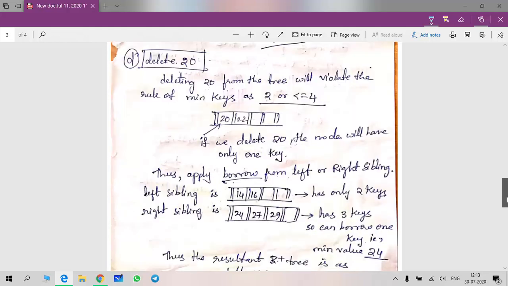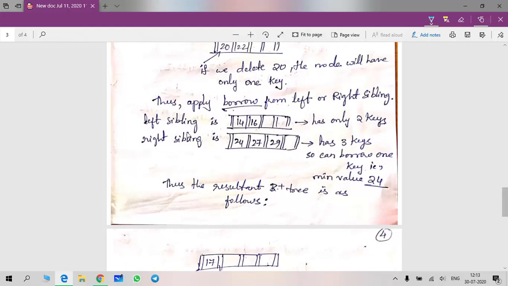See from here, the left sibling is having 14, 16, only 2 keys, so we are not able to touch this. The right sibling is 24, 27, 29, which is having 3 keys, so we can borrow from this right sibling, right? In this case also we have to check.